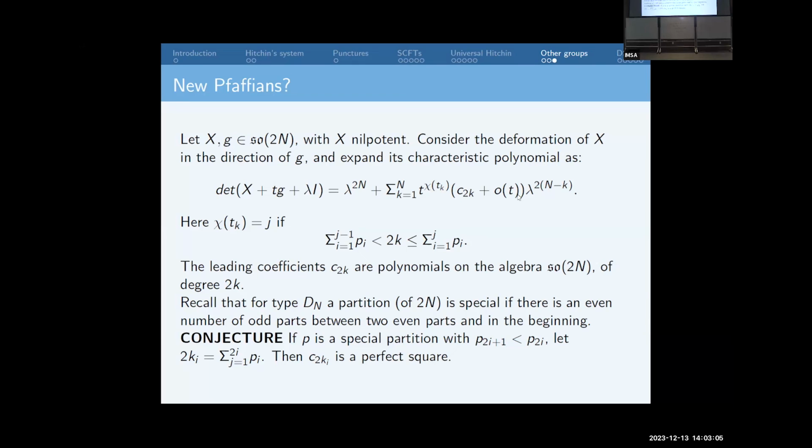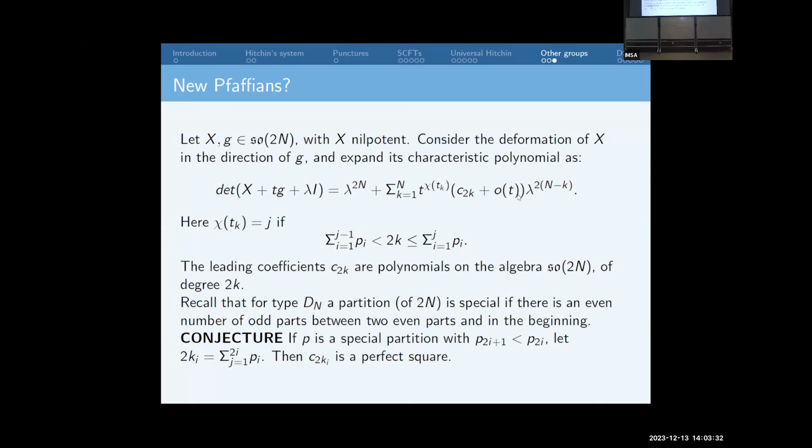We write the coefficient of lambda to the 2n minus k as a leading term, which is c_k times a power of t, plus higher order terms. And the thing that I'm calling chi here, combinatorially, here's how you determine it.